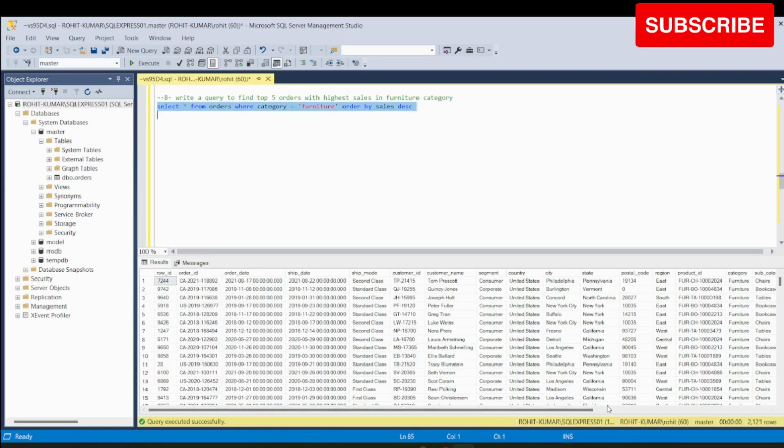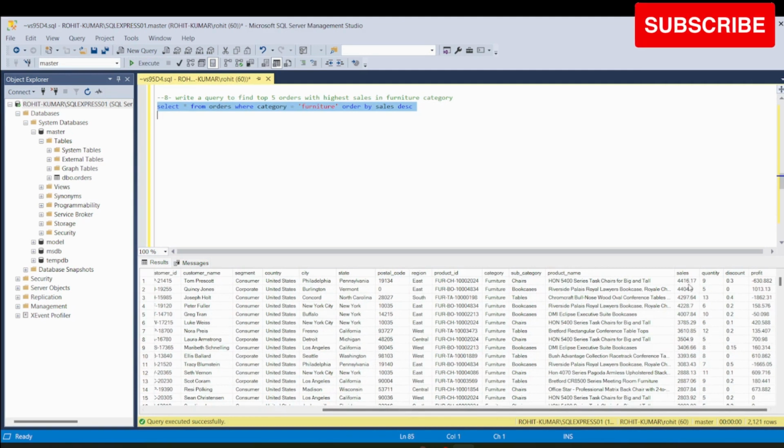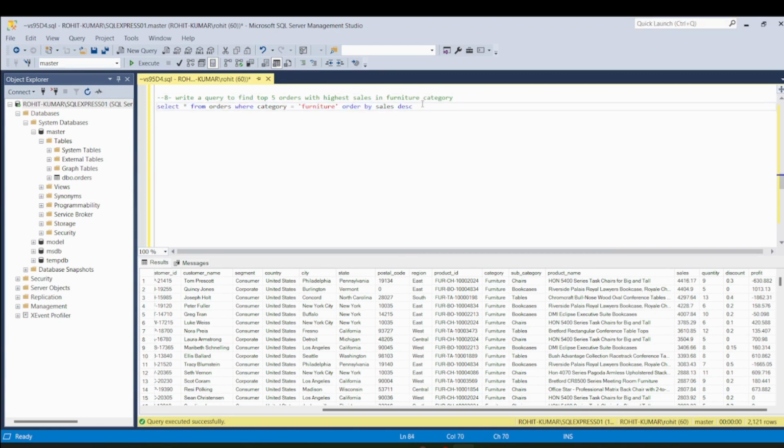Once we execute this, we are getting the highest sales on the top, and now the sales are reducing, right? So let's go to the question again, that is, we have to find top 5. In other SQL servers, there is a term called limit, which will limit your data to a particular number of rows, whether we have to find top 5 or top 10 or top 15.